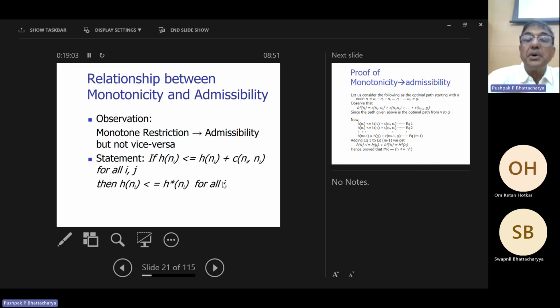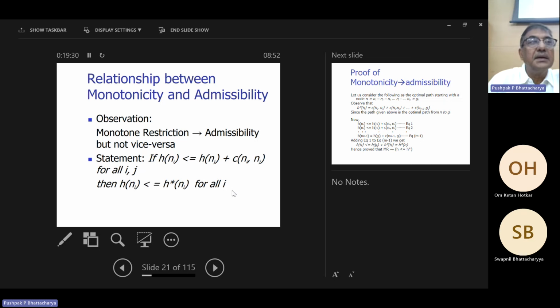So the statement is the following. If H(ni) is less than or equal to H(nj) plus C(ni, nj) for all i, j, then H(ni) is less than or equal to H star(ni) for all i. This is quite remarkable. If a heuristic satisfies the monotone restriction, it must be admissible.